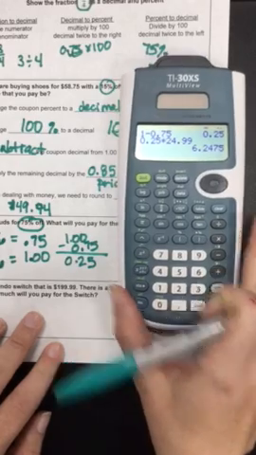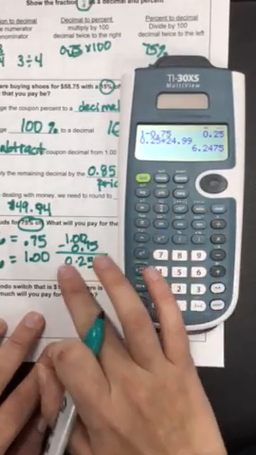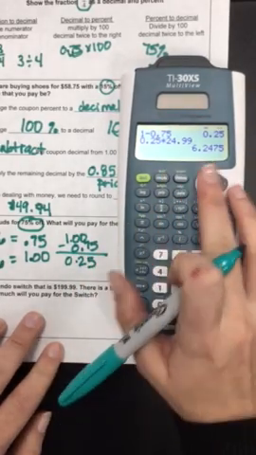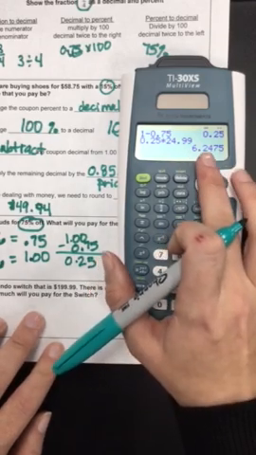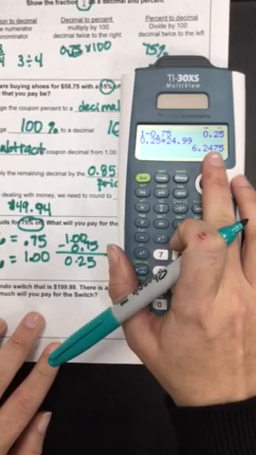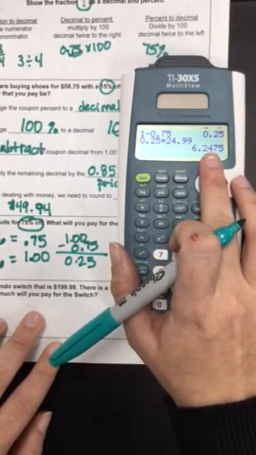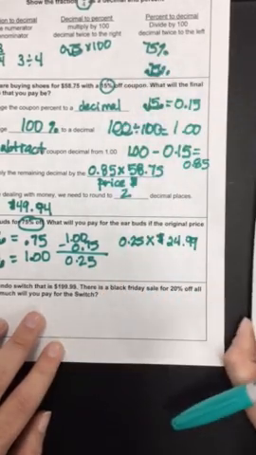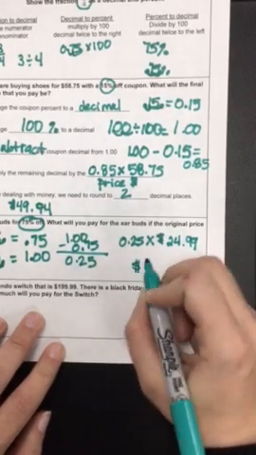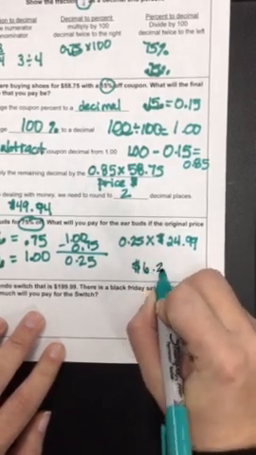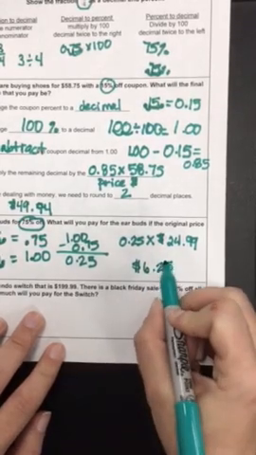Okay, so I took 0.25, our remaining decimal, times our price, and I get 6.2475. I only want these first two decimal places, but this 7 here is going to move that 4 up to a 5. So I am only paying $6.25 for my earbuds.